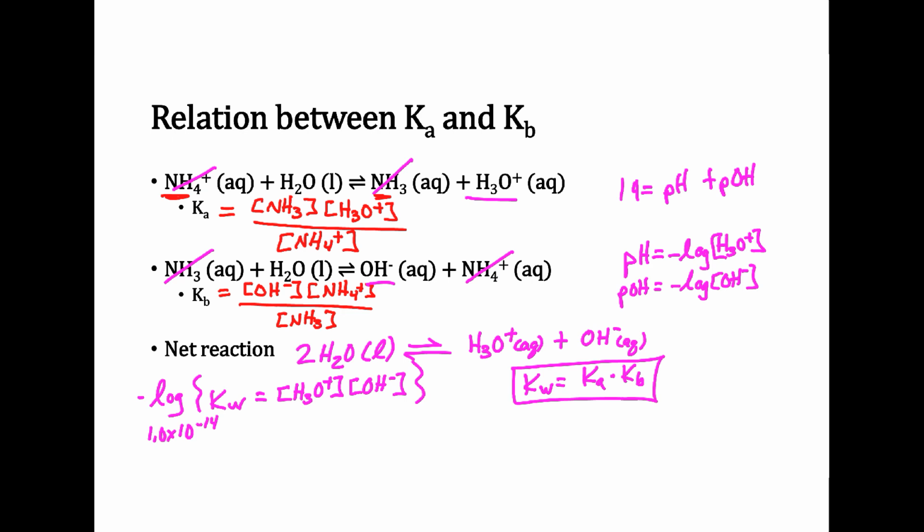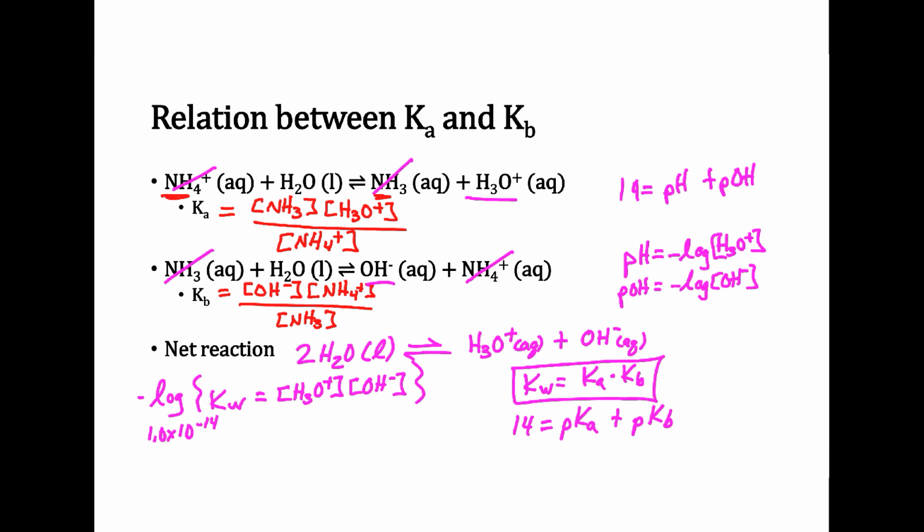So what we can do is actually do a similar process for here. We can take the negative log. So we know that Kw at 298 is 1 times 10 to the negative 14th. So the negative log of that is 14. And then just how pH was the negative log of H3O plus, if you take the negative log of Ka, you'll get something known as the pKa, plus the negative log of Kb would be equal to pKb.